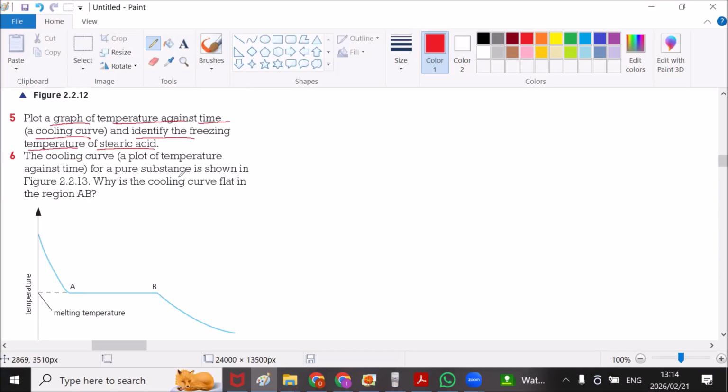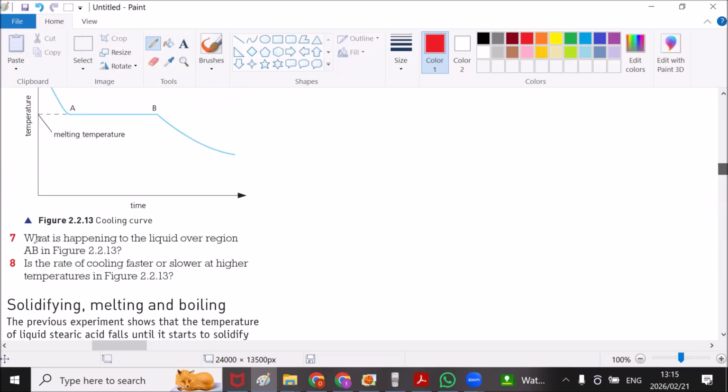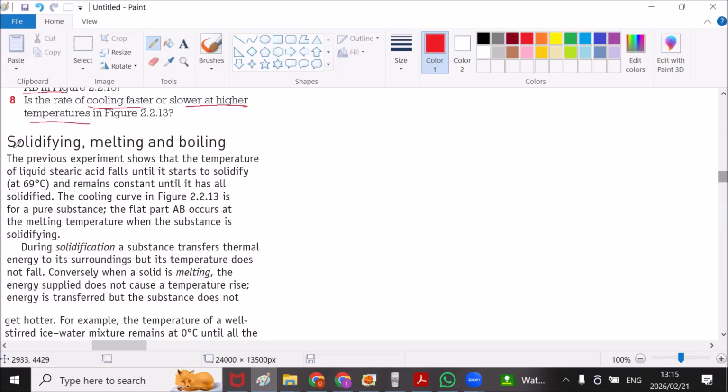The cooling curve for a pure substance, which is a plot of temperature against time, is shown in the diagram below. Why is the cooling curve flat in the region A, B? What is happening to the liquid over the region AB in this diagram? Is the rate of cooling faster or slower at high temperatures?